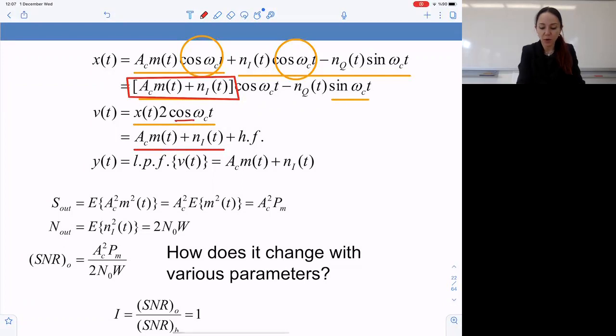And since this cosine and the sine are orthogonal, we get rid of the quadrature noise components. Of course, we're going to have high frequency terms that are going to be eliminated by the low pass filtering. And the result is A_c m(t) plus the in-phase component of the noise. Okay, notice that this demodulated signal is in baseband.